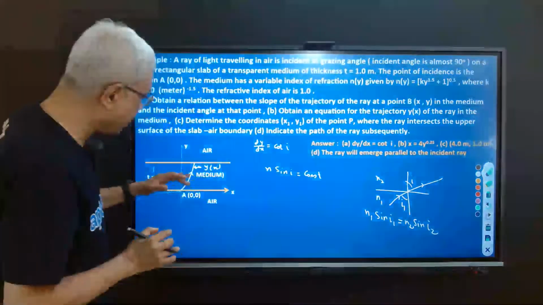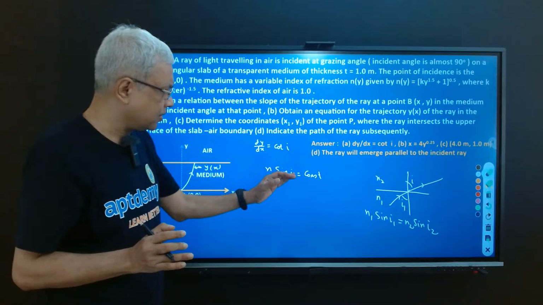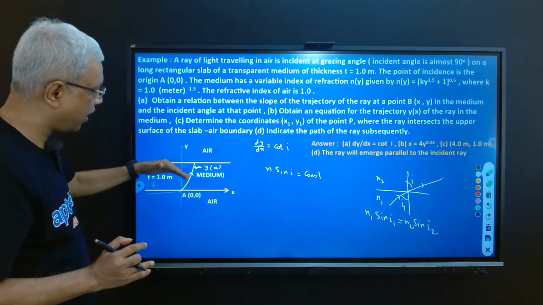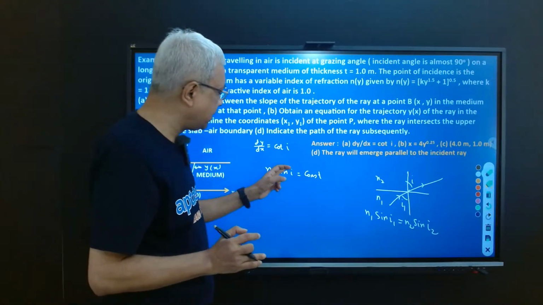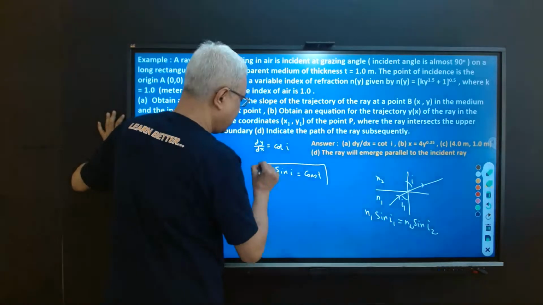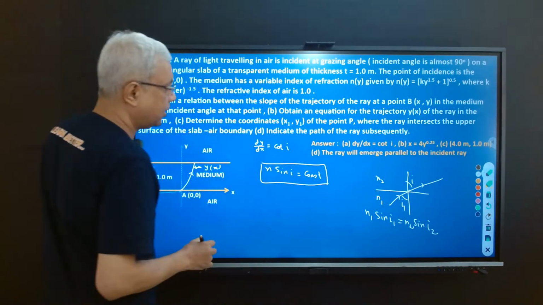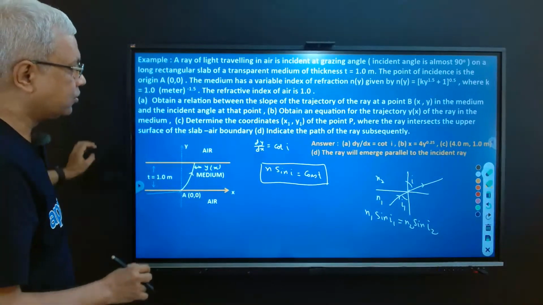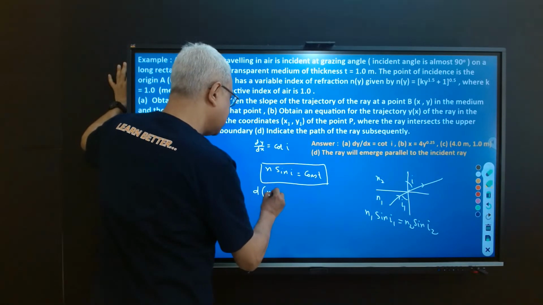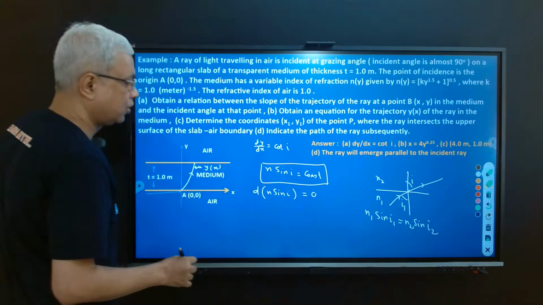So wherever you take the angle of incidence in this path, and even below the slab or above the slab, n multiplied by sin I is constant. This is Snell's law's generalization for this case. So if I take d of n sin I, this is becoming 0.